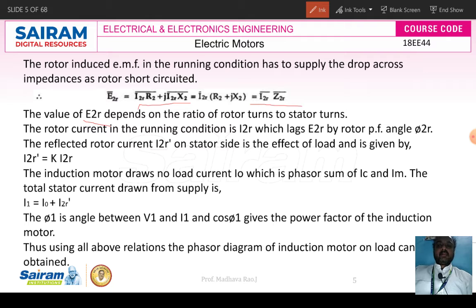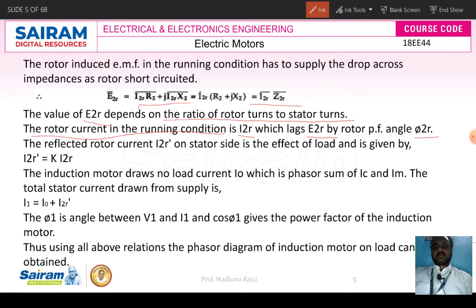Now the value of E2R is the rotor induced EMF in the running condition. It depends on the ratio of rotor turns to stator turns. The rotor current in the running condition is I2R, and it lags E2R by an angle phi 2R, the power factor angle.